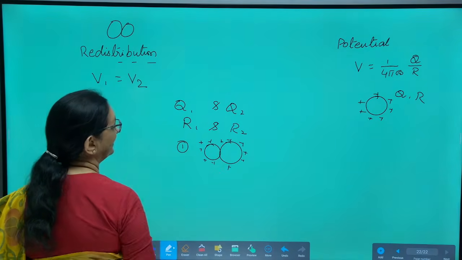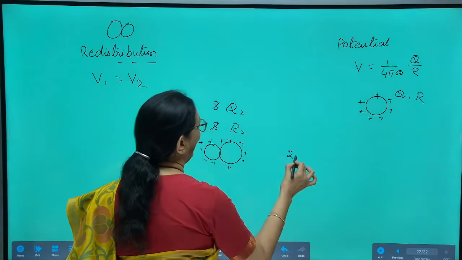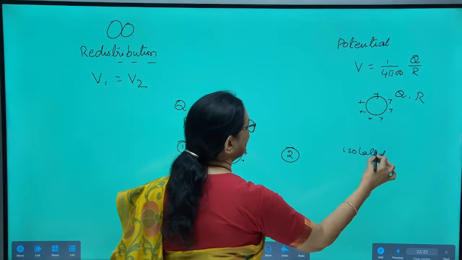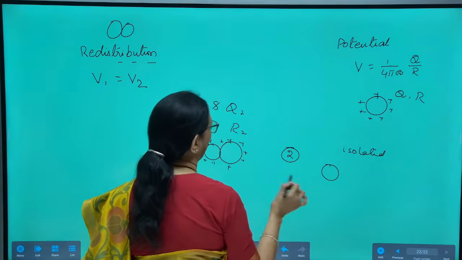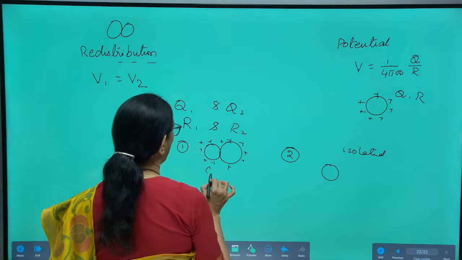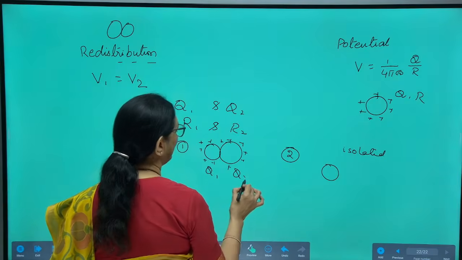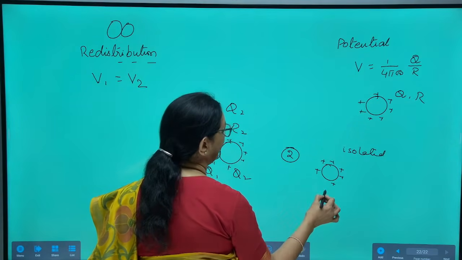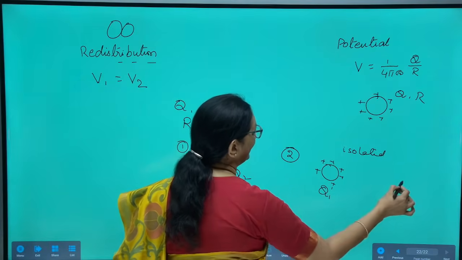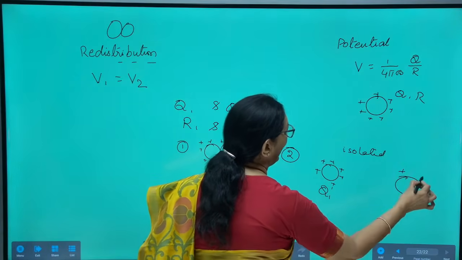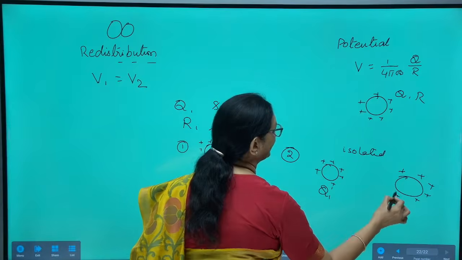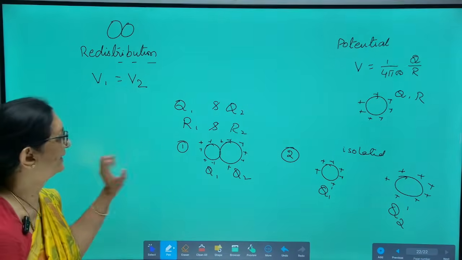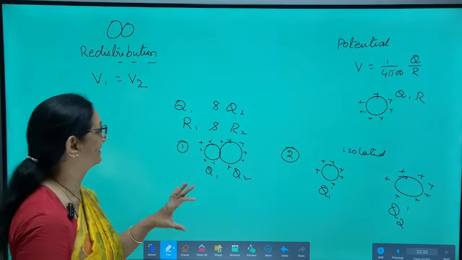So, they are placed in contact with each other and then isolated, separated from one another's influence. So, this is q1, this is q2. Now, when they are separated, let the charges be q1 dash and q2 dash. So, here the question is like this.